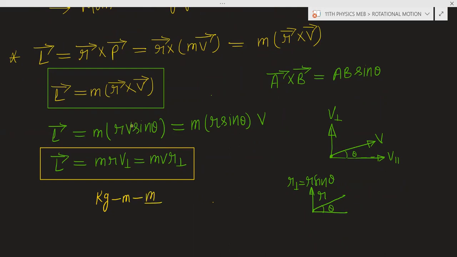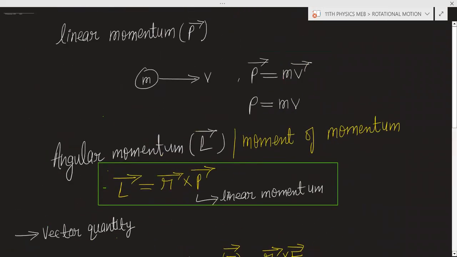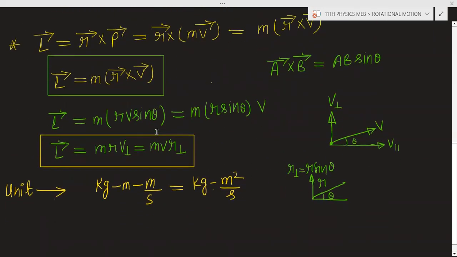So the unit will be kg meter square per second. I am talking about the SI unit. So this is the angular momentum.